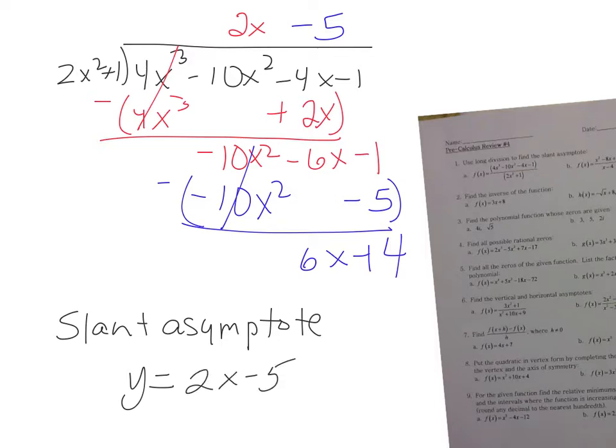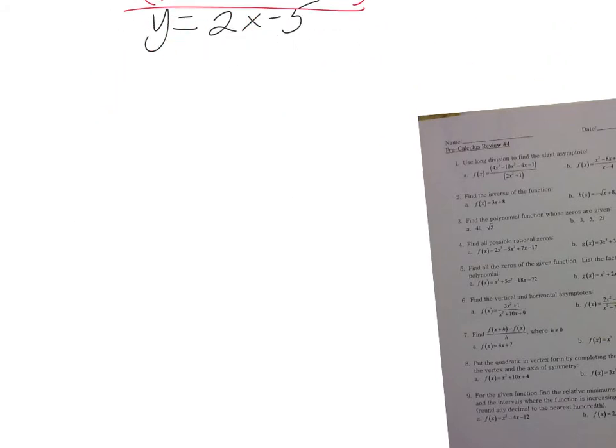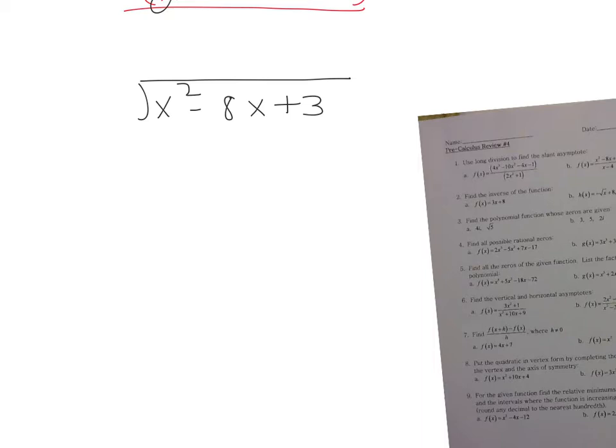All right, let's try the next one. My numerator of the next one is x squared minus 8x plus 3, and my denominator is x minus 4. So x times what gives me x squared? That's x. Multiply down is negative 4x and x squared. Subtract them.